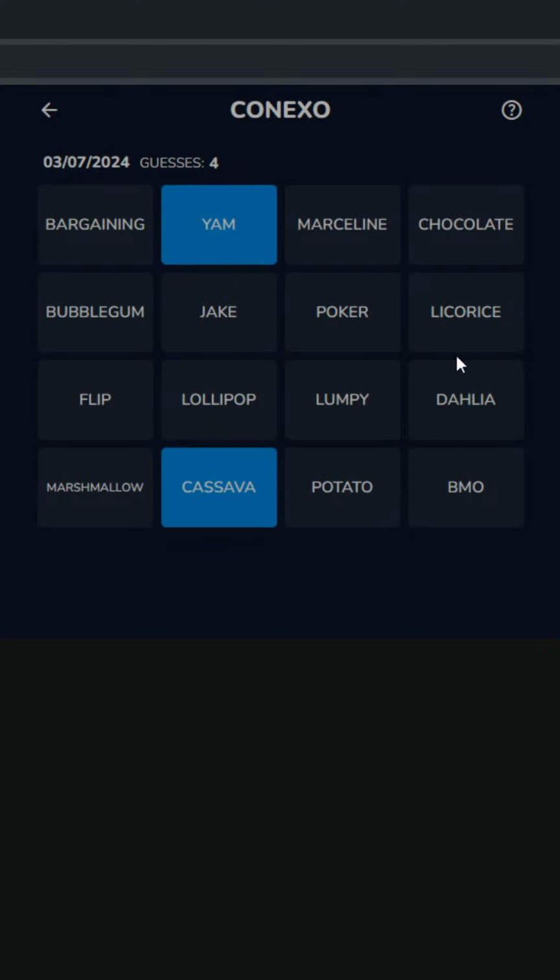Yam, cassava, potato. None of these really are the other option there. Bargaining, bubblegum, Bimo. Nothing else starts with B. I tried the candy route.